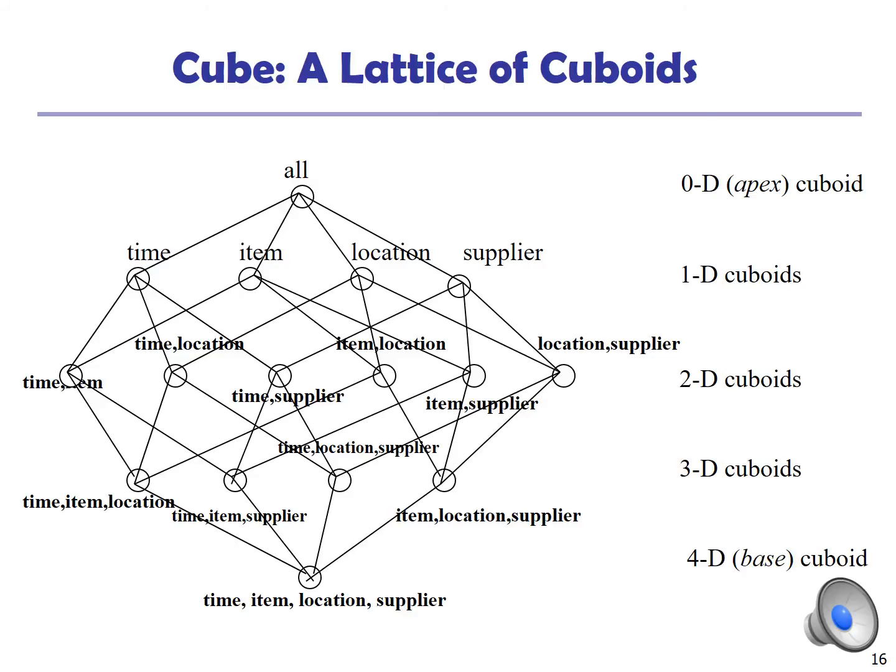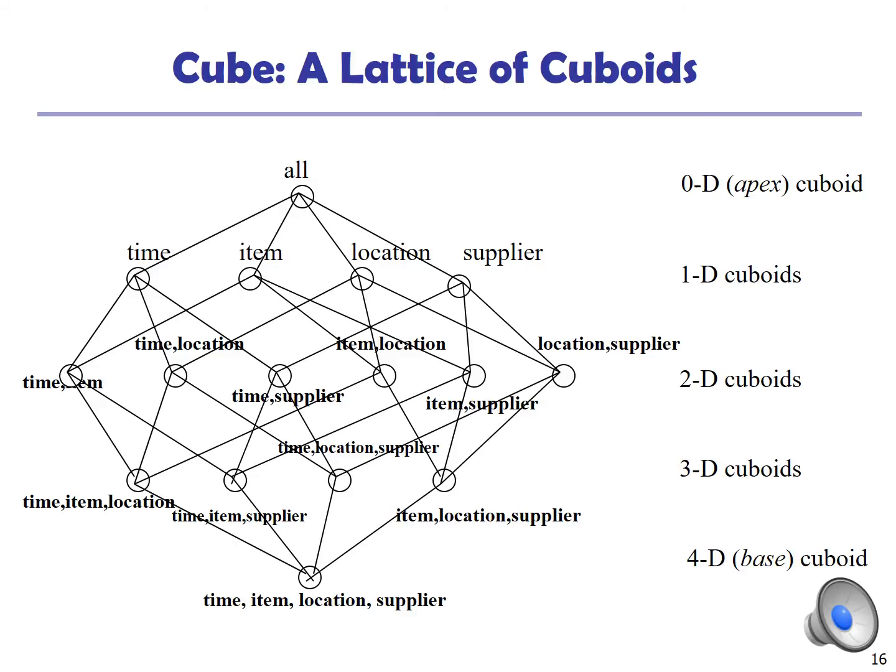On the zero dimension, you have your apex cuboid, and at 4D you have the base cuboid. The zero-dimensional cuboid is a summarization of all the dimensions together, so you have all at the zero dimension, and the 4-dimension cuboid contains all 4 dimensions together.